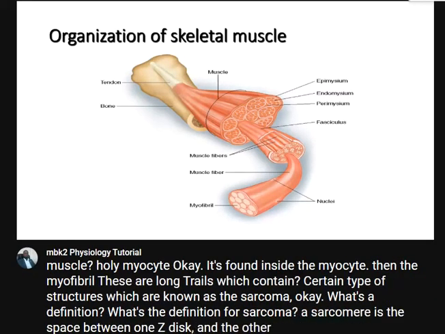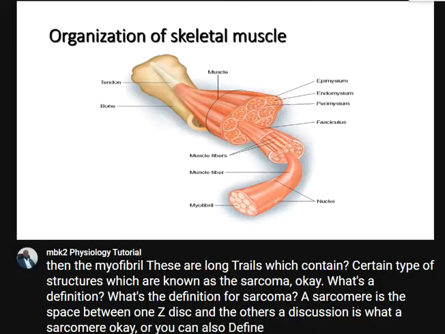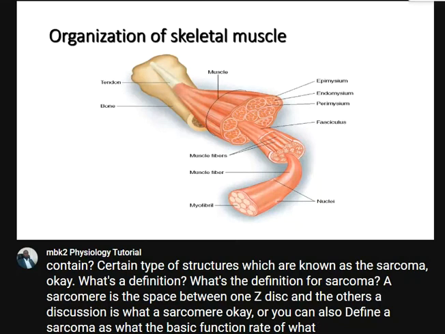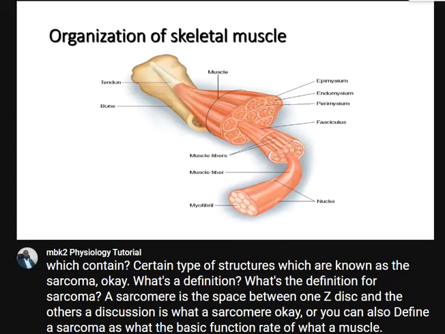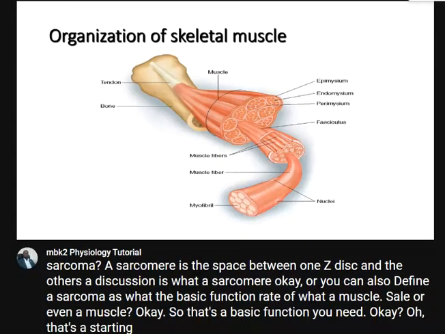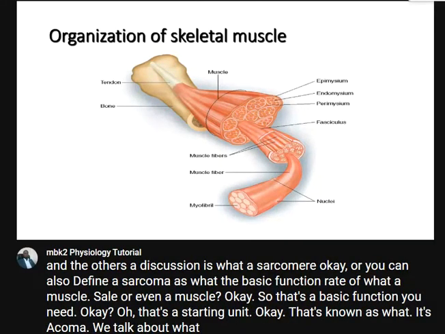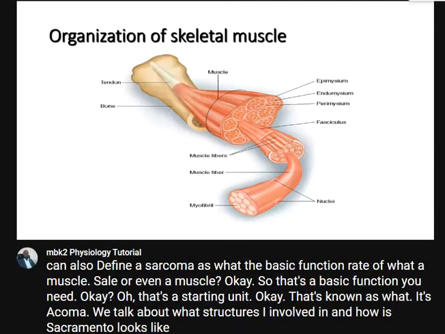You can also define a sarcomere as the basic functional unit of a muscle cell or even a muscle. That's a basic functional unit, or a starting unit. That's known as a sarcomere. We'll talk about what structures are involved in it and how a sarcomere looks as we go on.